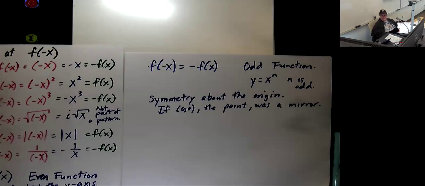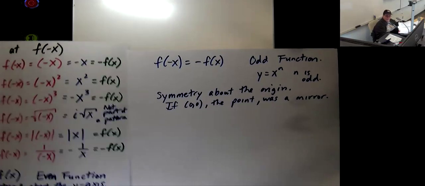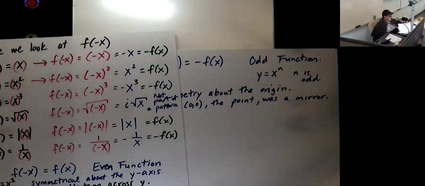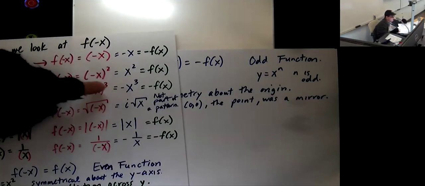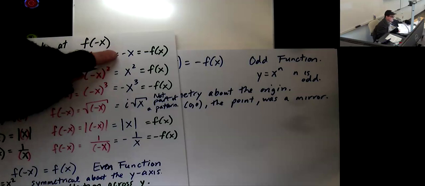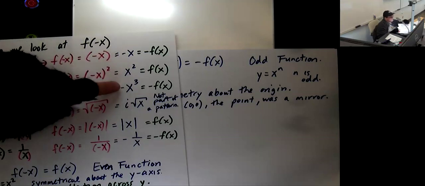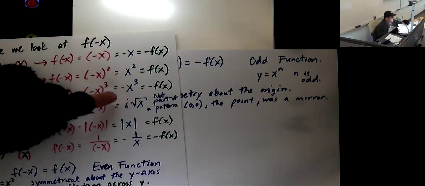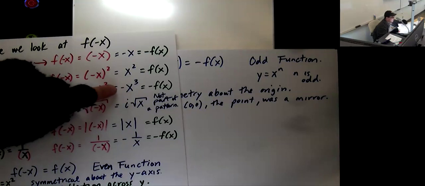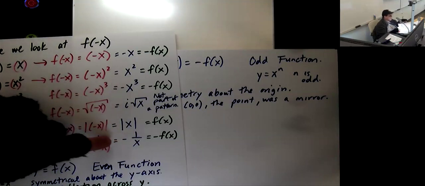So we can see that x cubed and 1 over x both did this. I can't really show it very well with x cubed, it's too close. The way the graph is set up, it's hard to show visually. I'm going to show you how it works on 1 over x.